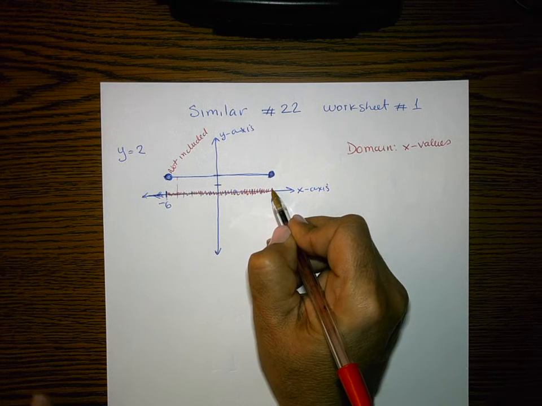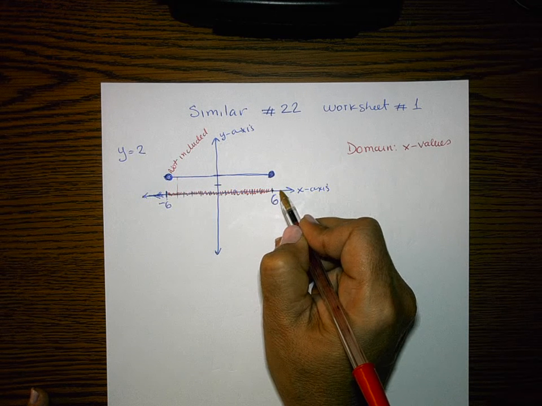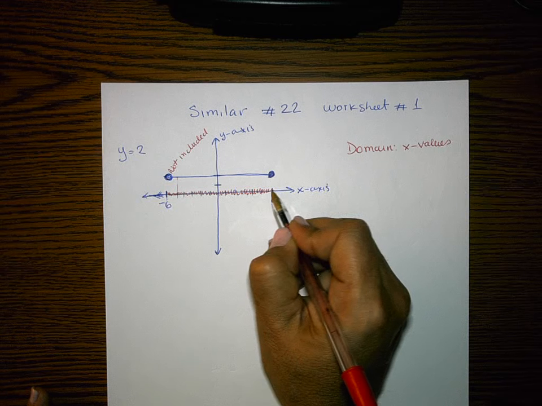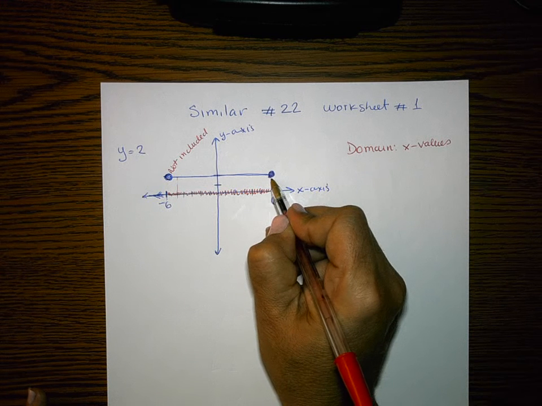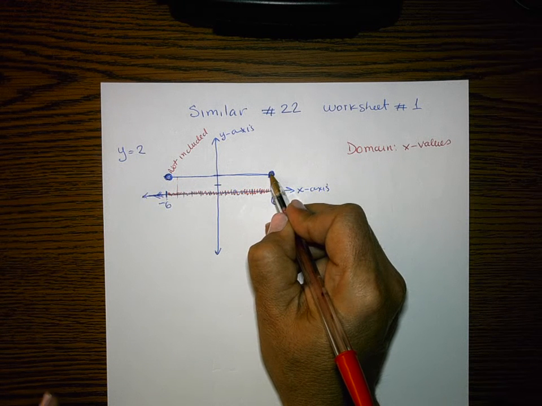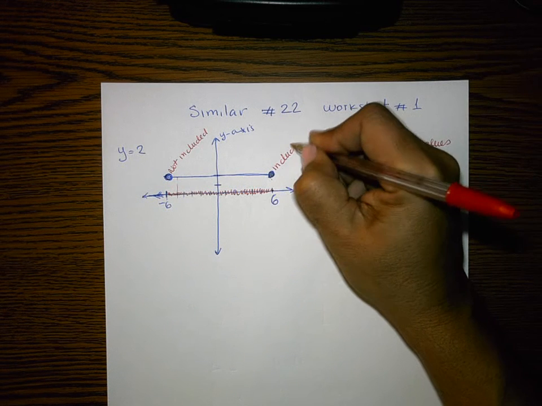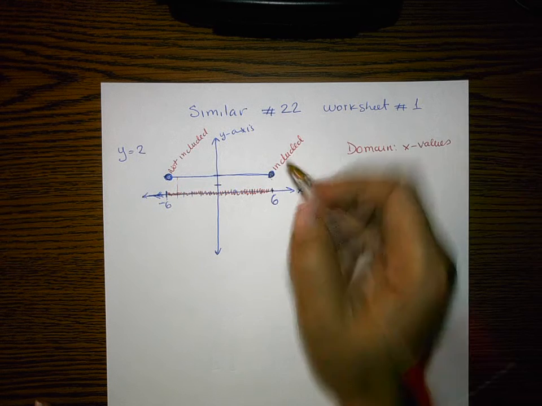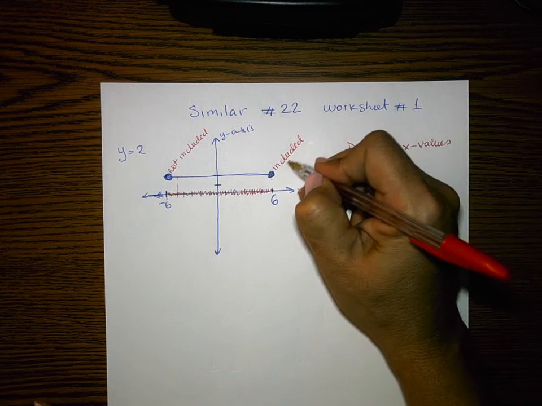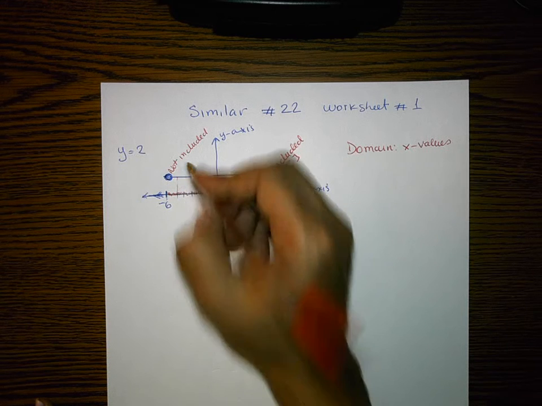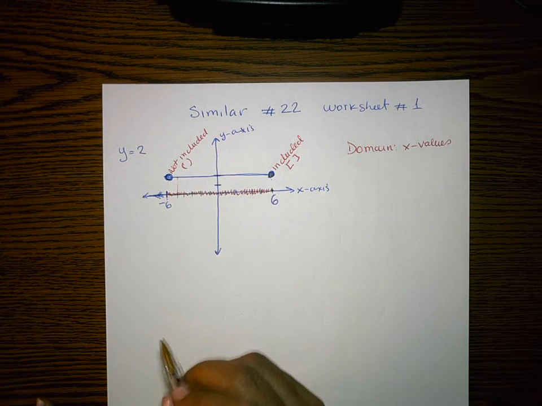If I go past 6 and I go up, the graph no longer exists. So let's go back to 6. If I go up, I do touch the graph. As a matter of fact, I touch the last point on the graph. And because it's closed, it means included. So I am including the 6, that means bracket, but I am not including the -6, that means parentheses, okay?